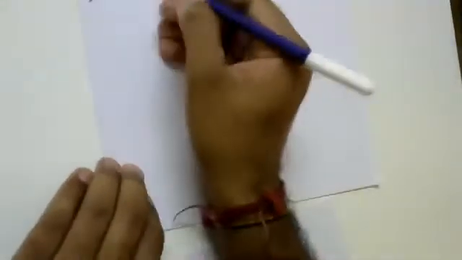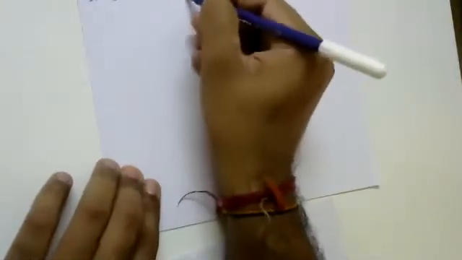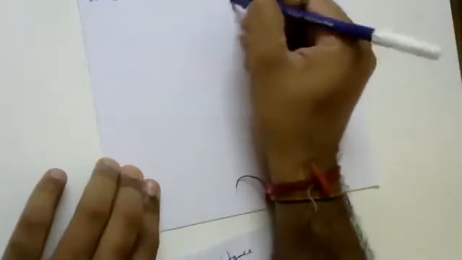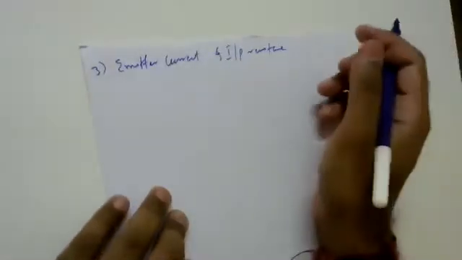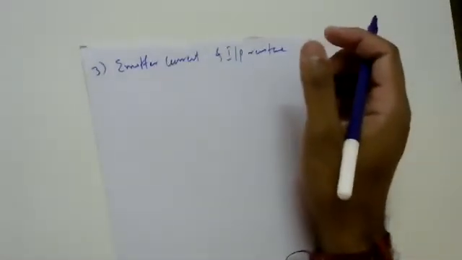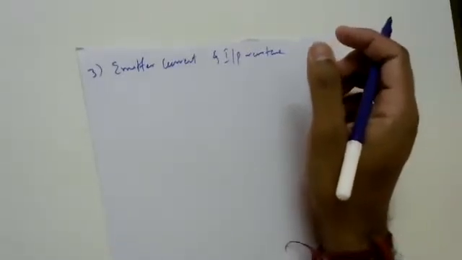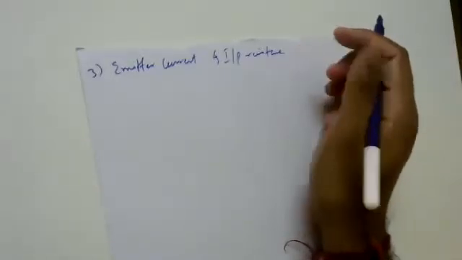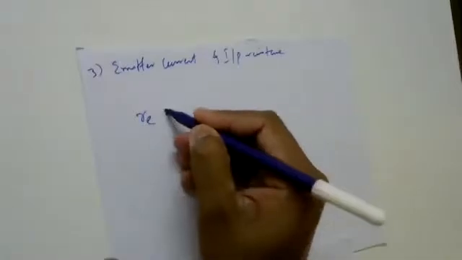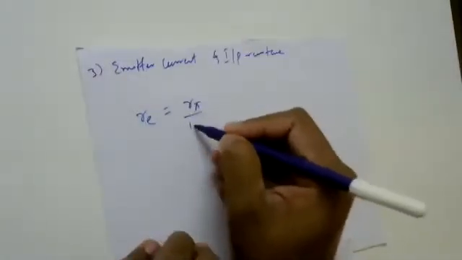Then we derived one more equation, the third derivation, that is emitter current and input resistance. Here we derived an equation for re, the emitter resistance, defined as re equals r pi divided by 1 plus beta.